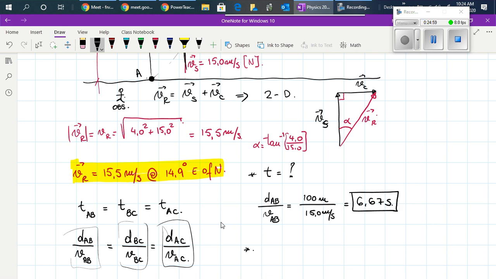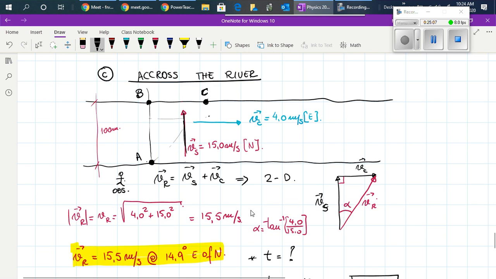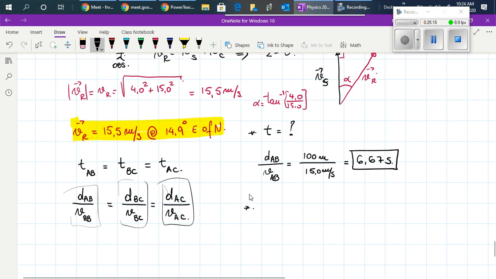And if I'm asking you how far downstream the swimmer will end up, then what you have to calculate is the distance BC. How far downstream the swimmer will end up is the distance BC that I'm asking you for. For this, you can use the time that we know now, time times the velocity in this direction, BC, will be equal to the distance BC.